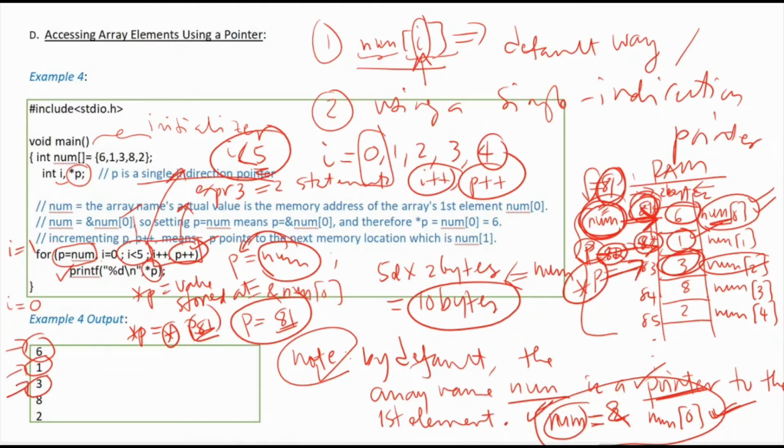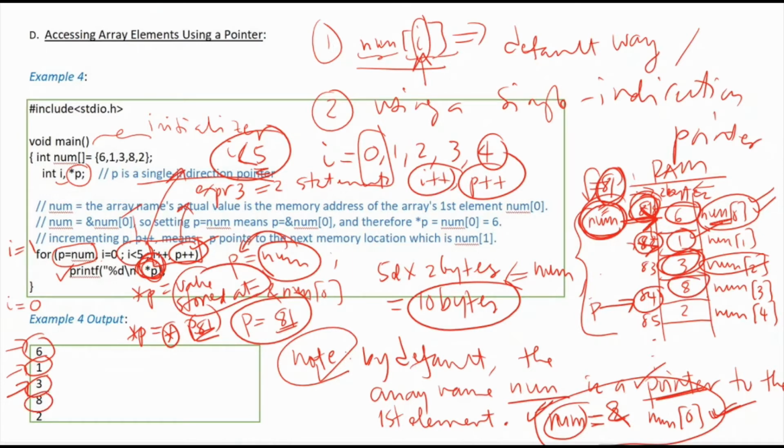On the fourth iteration, you increment P, and therefore this becomes 84. So P is now pointing to 84. So P is not pointing here anymore. So let's erase this. So currently, on the fourth iteration, P is pointing at 84. And so when we display asterisk P, or the value stored at 84, it is now 8.